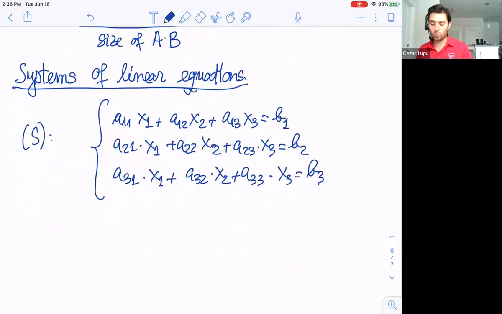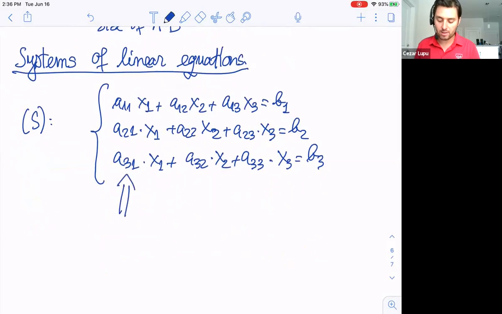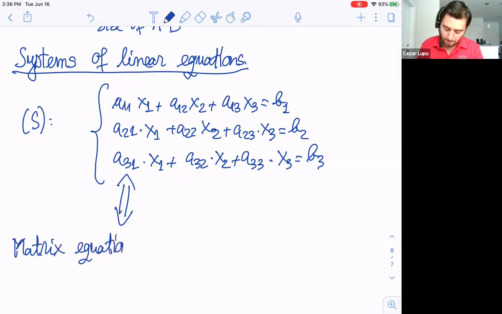Well, guess what? This is a system of linear equations. This can be written in its equivalent form now that we know what a matrix multiplication is. So we can write this as a matrix equation. The system can be written in matrix equation form, and it will be written in the following way. Guess what?